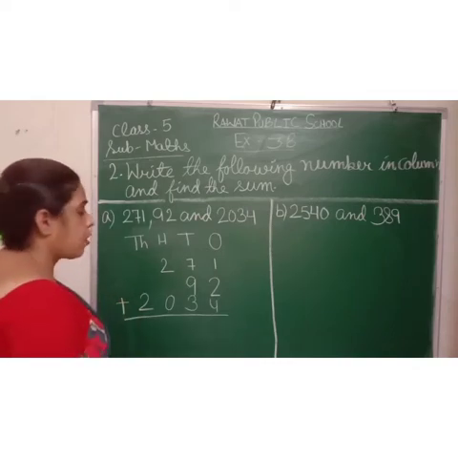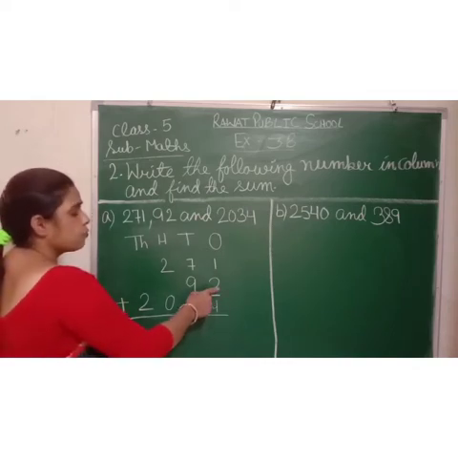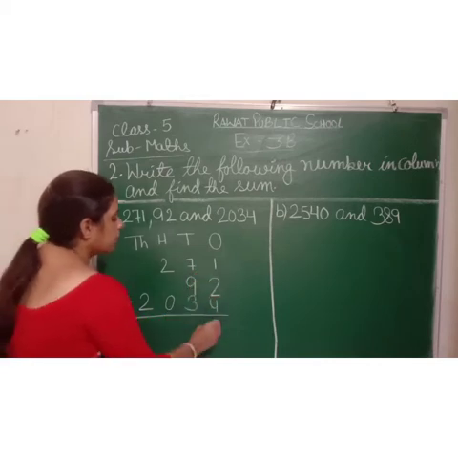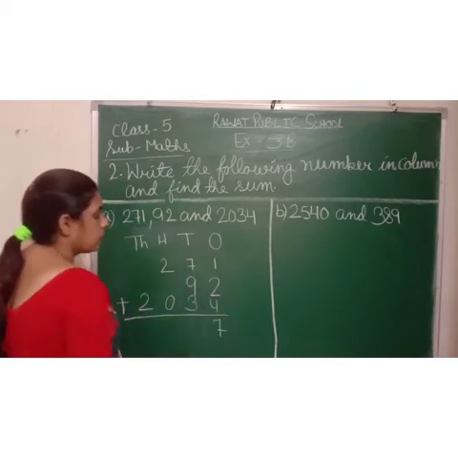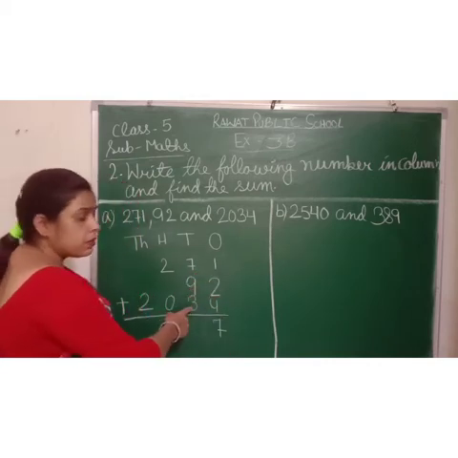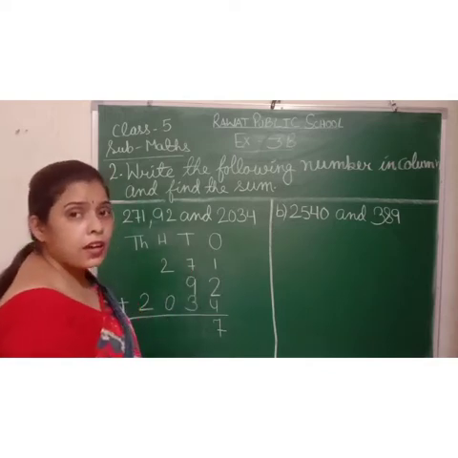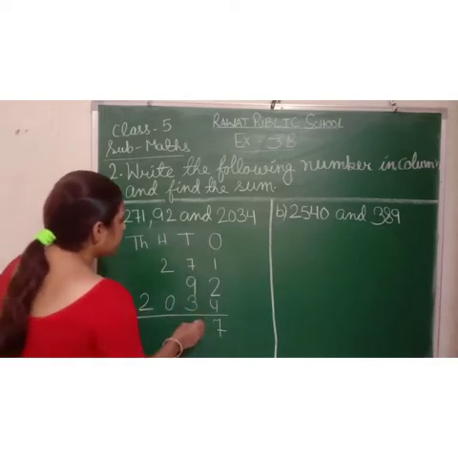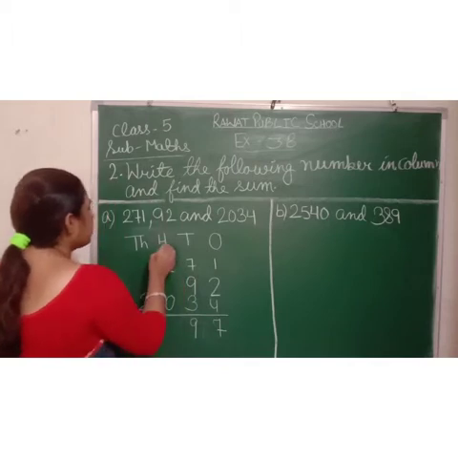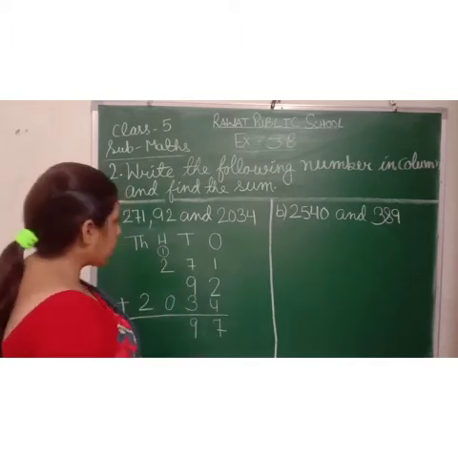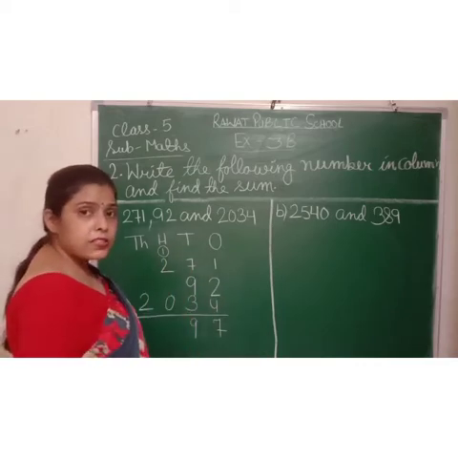Okay students, now 4, 2, 6, 6 and 1, here will be 7, 9 and 3, 12, 12 and 7, 19. Then we will write here 9 and 1 will be carried forward to the next number.